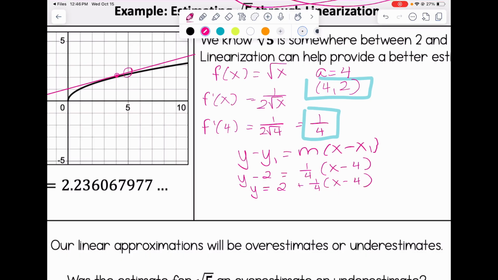That's basically our equation of L(x), our linear approximation equation. And now we want to use this to evaluate at 5. If I plug 5 in here, I would get 2 plus 1/4 times 1, or 2 plus 1/4, or 2.25. So that is our more accurate guess of what radical 5 is equal to.